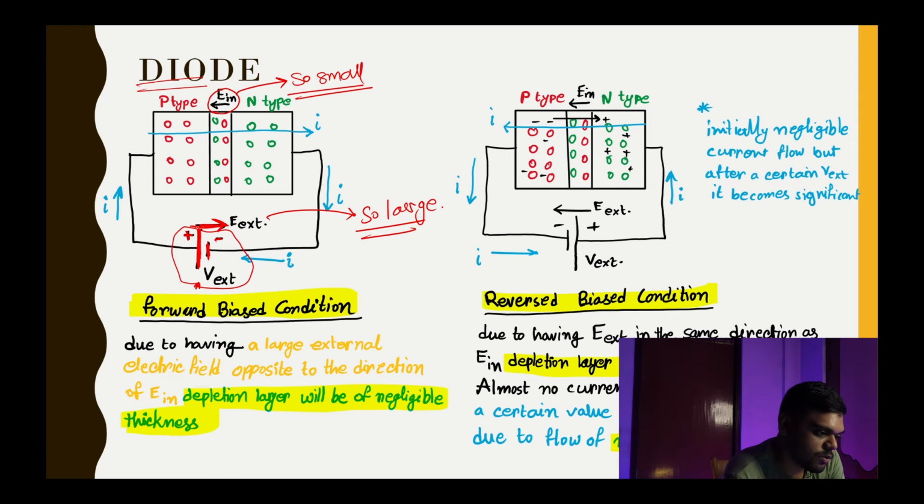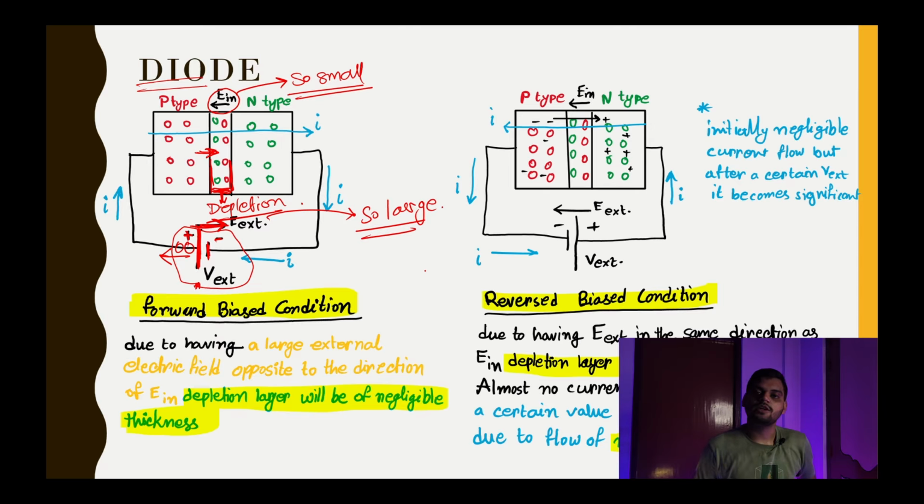Let's see. The positive charges will be flowing in this direction, and at this region the positive charges won't be crossing this depletion layer, but we got support from the external battery.